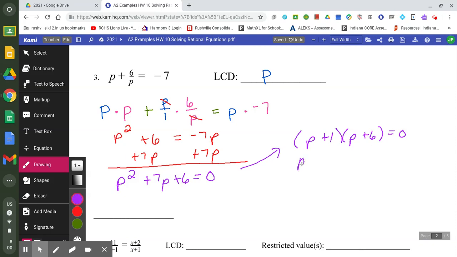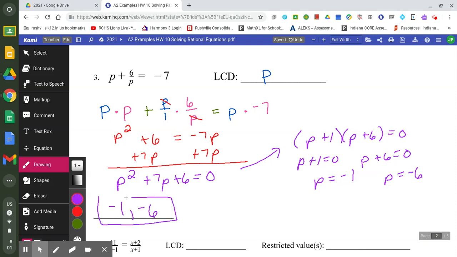So then I set each of these equal to 0 and solve for p. And so my answers are -1 and -6. And it's not an ordered pair, it's just two different answers work.